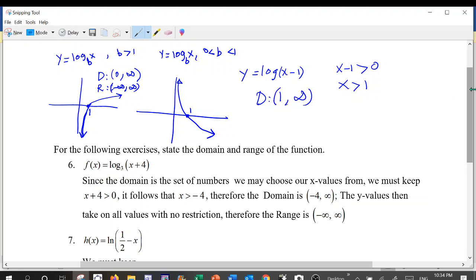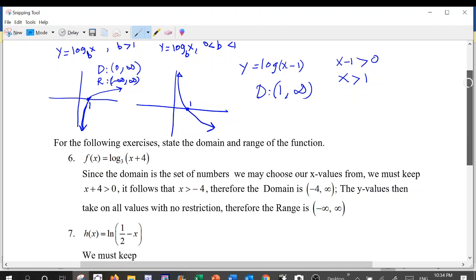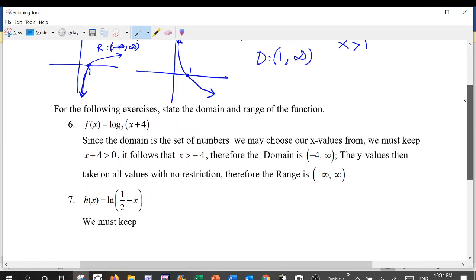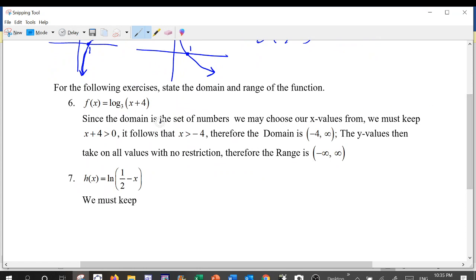All right? And also, we can graph logarithms using these two parent functions, right? So let's just start. Number 6. We want to graph this and state the domain and range of the function. So we're going to start with the graph of log base 3 of x.